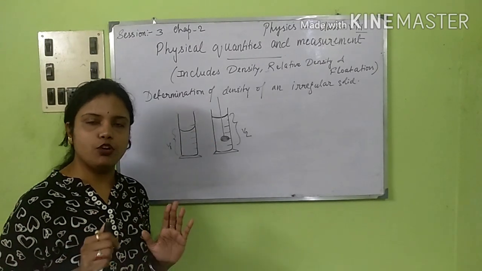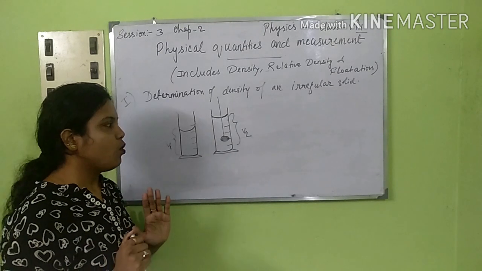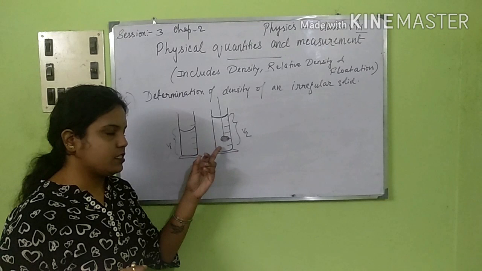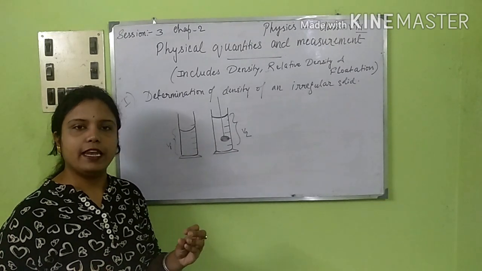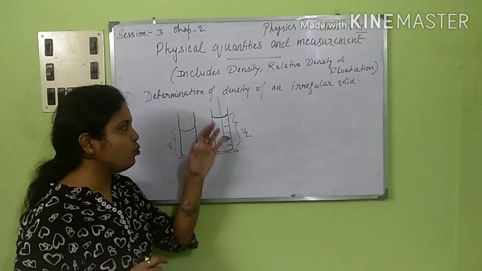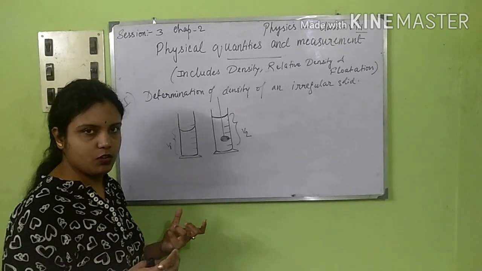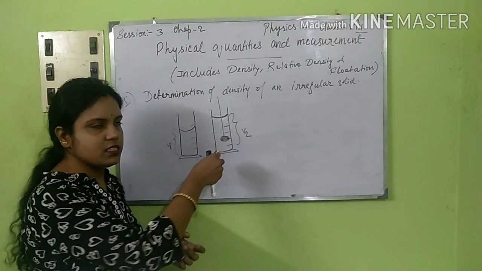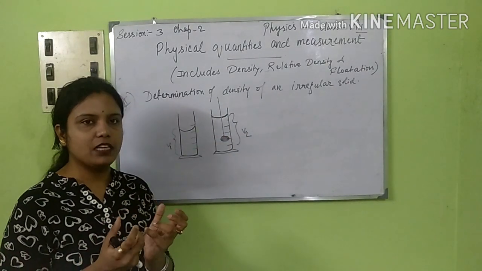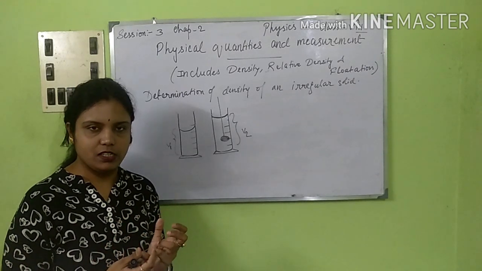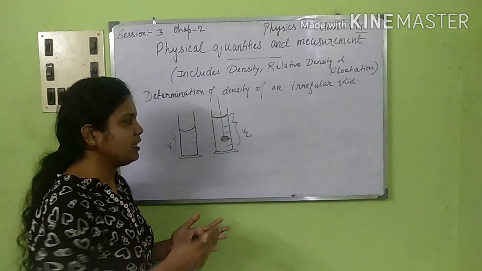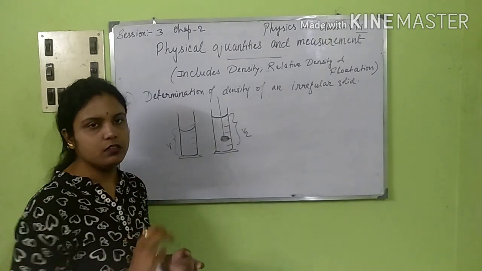Now we must know this fact, that while we are immersing this solid inside a liquid, the volume of the water gets displaced. Why displaced? Because we are putting this inside, so obviously this solid needs some space where it will fit itself inside the water. So the volume of the water which displaces itself is equal to the volume of this particular solid.